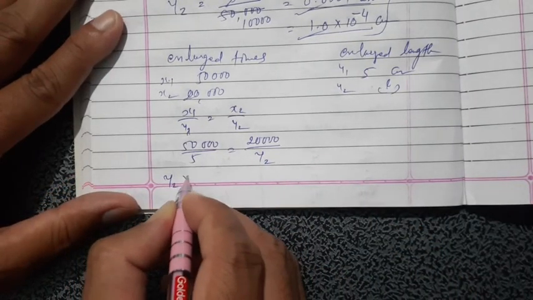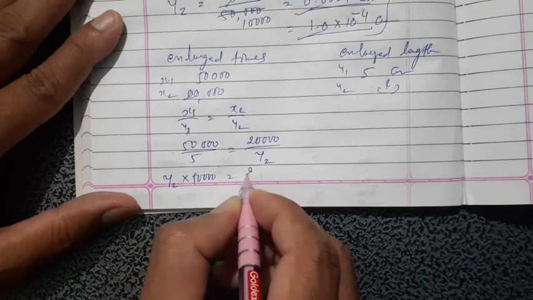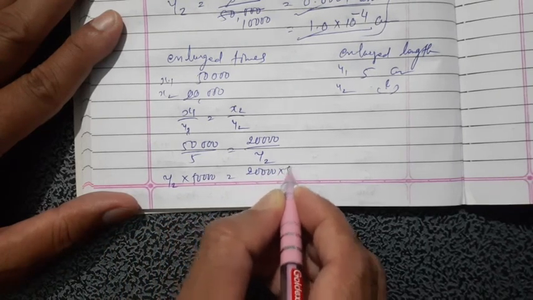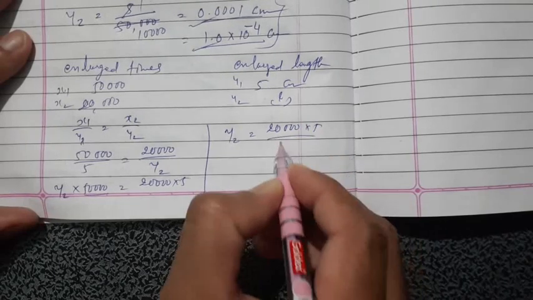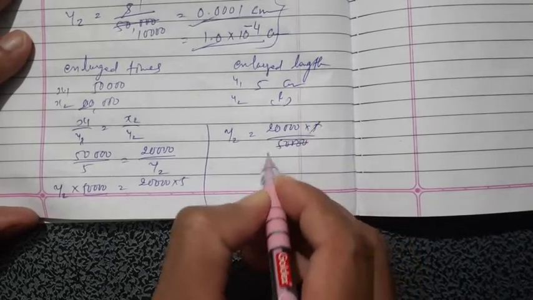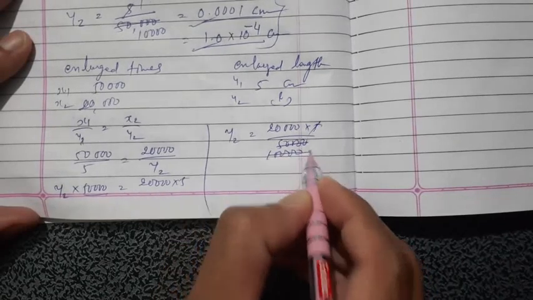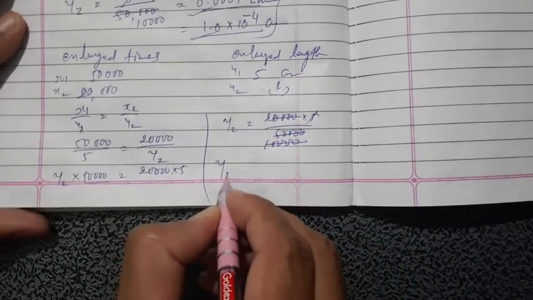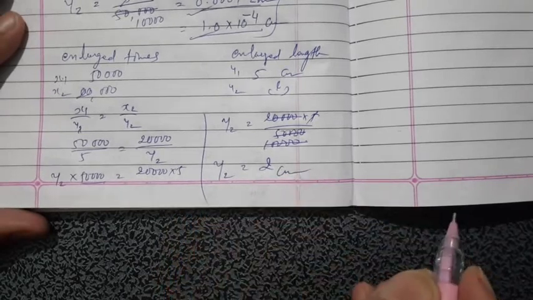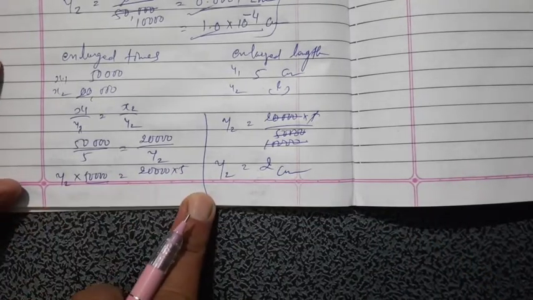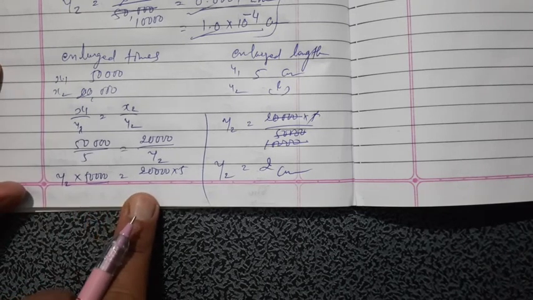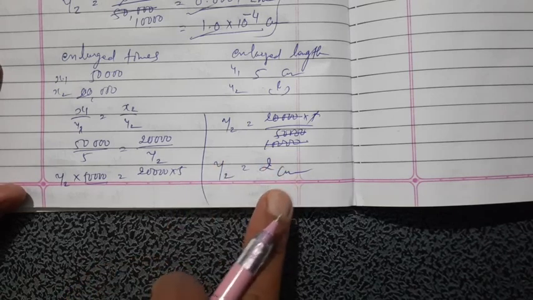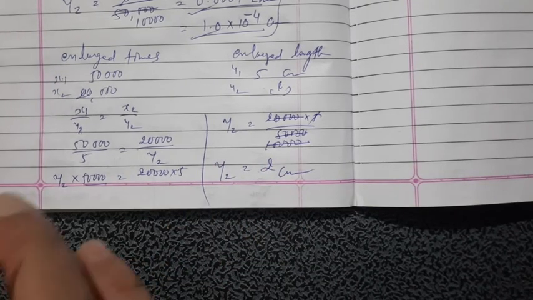So y2 into 50,000 equal to 20,000 into 5. Change the side of 50,000. So y2 equal to 20,000 into 5 divided by 50,000. 10,000. Okay, and 4 into 0 got, that is 2. So y2 equal to 2 centimeter. So write down the sentence here. When the photograph is enlarged 20,000 times, that time the enlarged length equal to 2 centimeter.